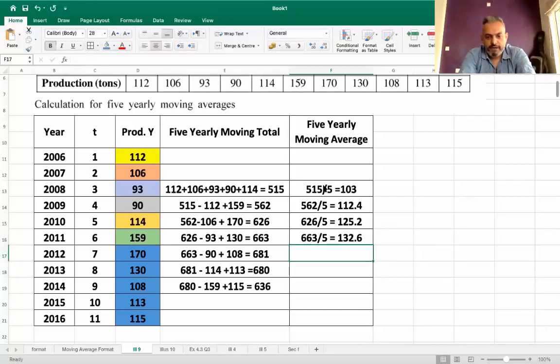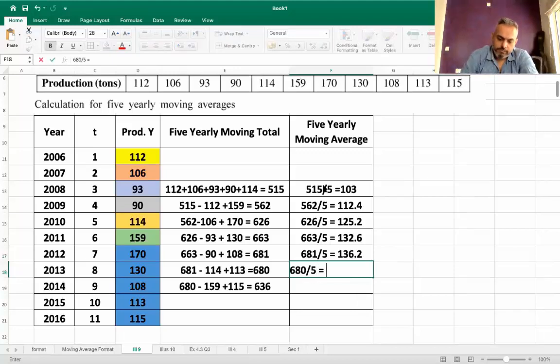Then 681 divided by 5, 136.2. Then 680 divided by 5, 136.